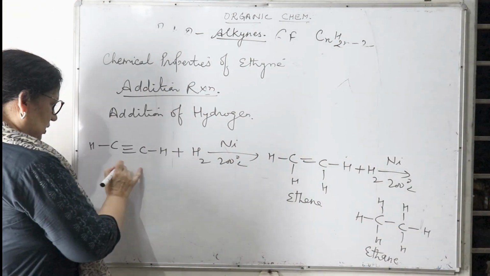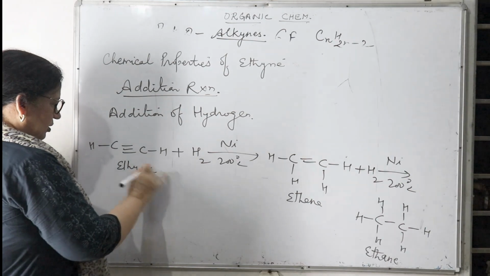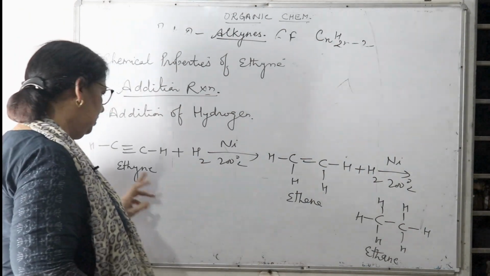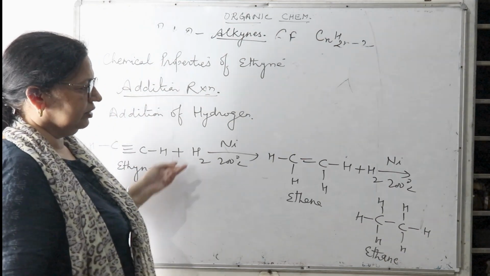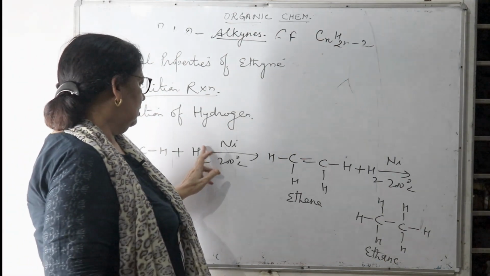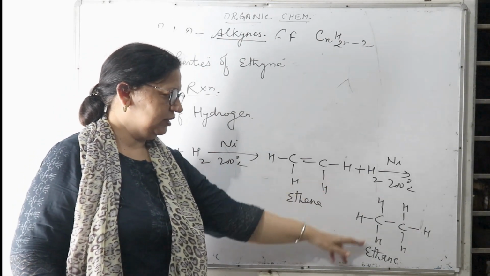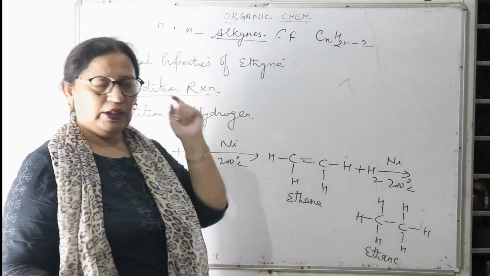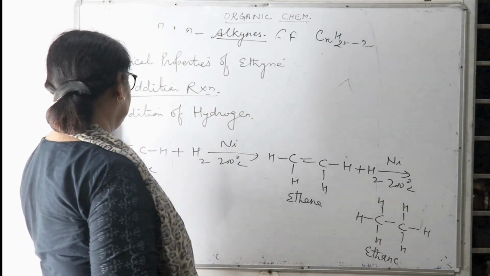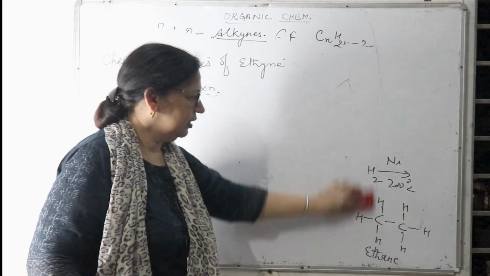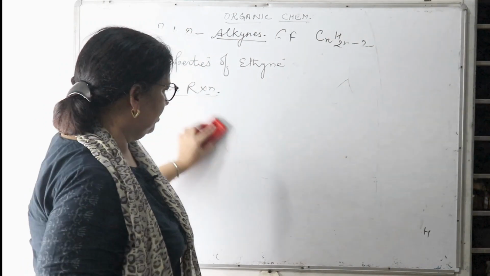So this is how ethyne gets converted into ethane. Ethyne, a triple bond compound, with the first addition of hydrogen gets converted into ethene, then again hydrogen is added and it gets converted into ethane. This is how an unsaturated hydrocarbon gets converted into a saturated one.